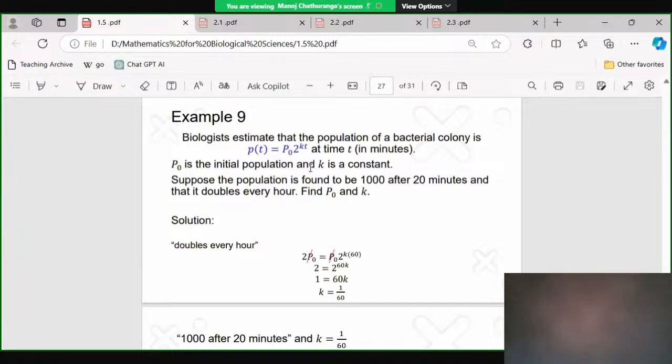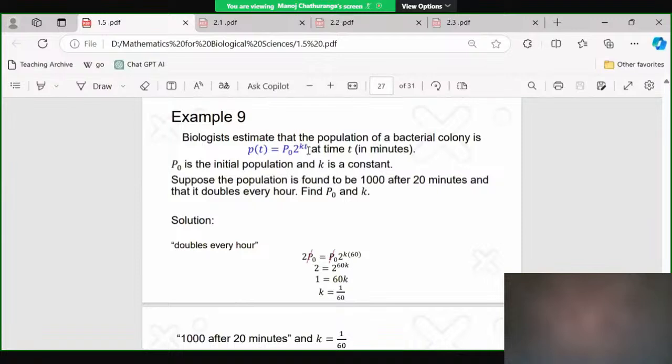It may depend on the medium that you're growing the bacteria on, maybe the nutritional level, something like that. K depends on that. And t is time. So we know exponential functions grow very fast, so the population must be growing very fast.